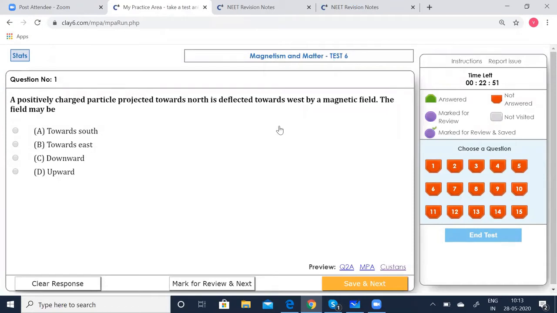The first question says, a positively charged particle projected towards north is deflected towards west by a magnetic field. The field may be... Again children, before going into the test, let me tell you, the weightage for this particular lesson is only 1%.